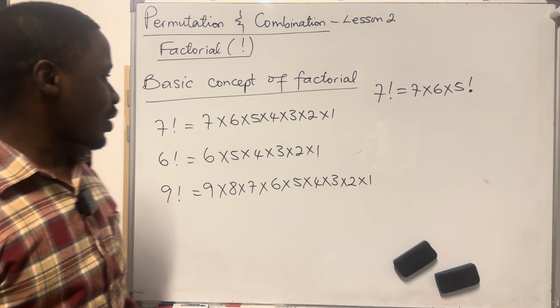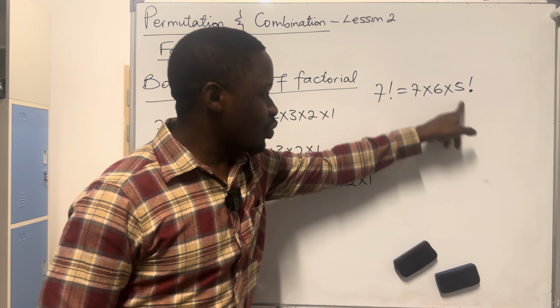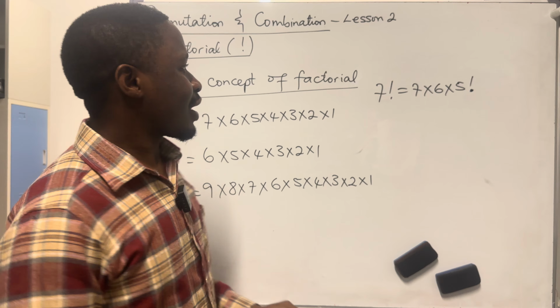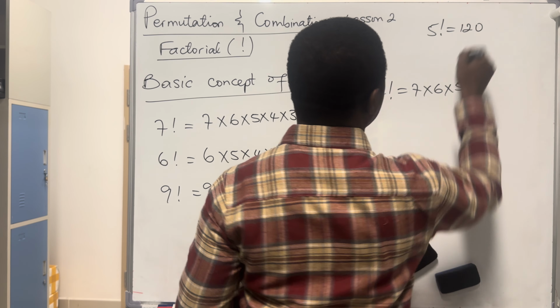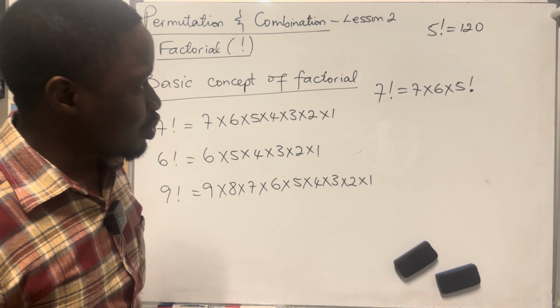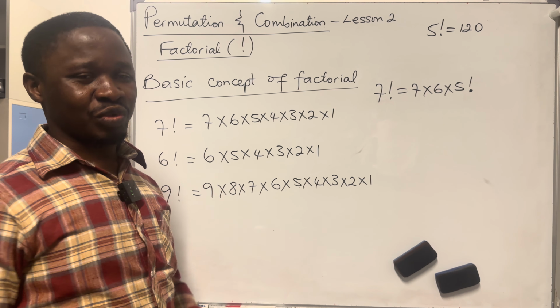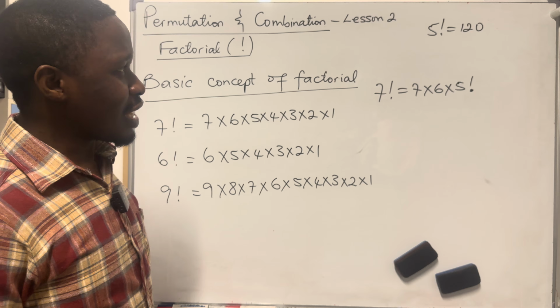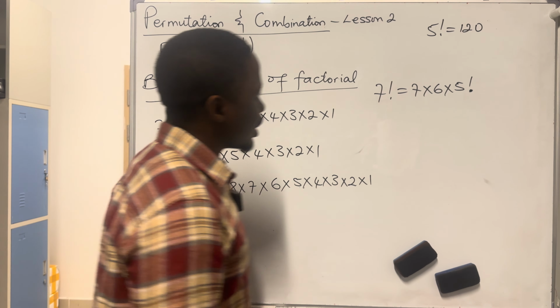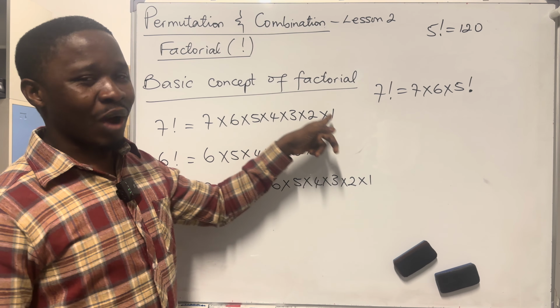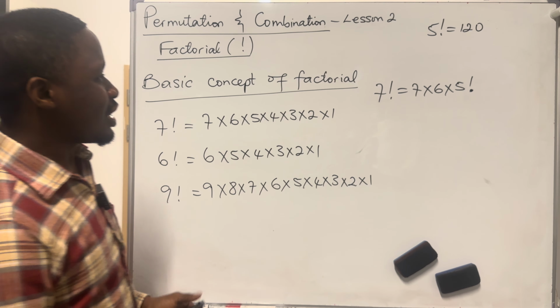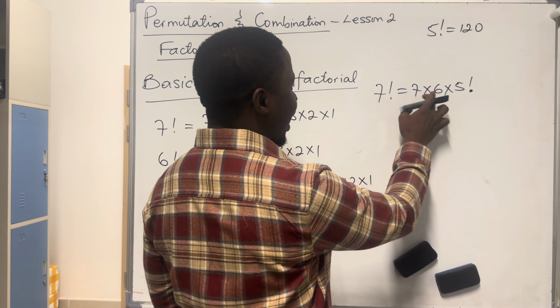Once you indicate the factorial, this one and this one are just the same. 5 factorial is 120. You can use your calculator and check. So if 7 factorial is 7, 6, 5, 4, 3, 2, 1 by multiplication, then we just say 7 times 6 times 5.